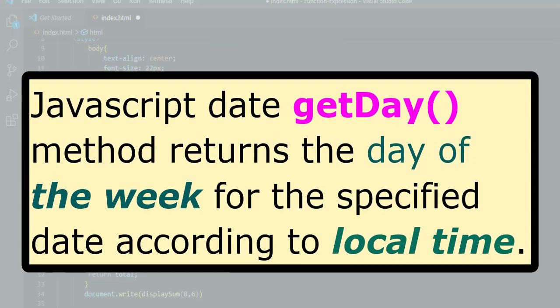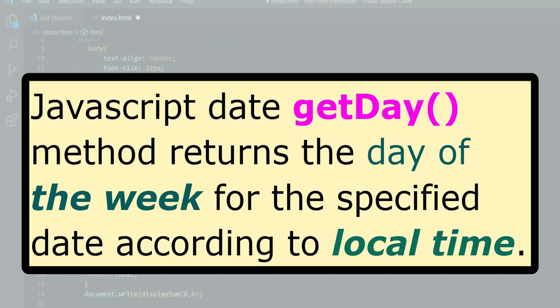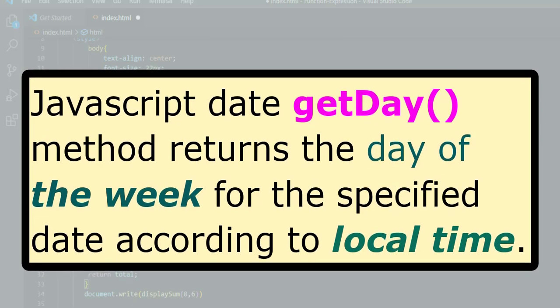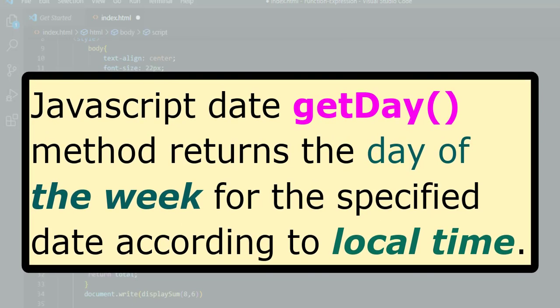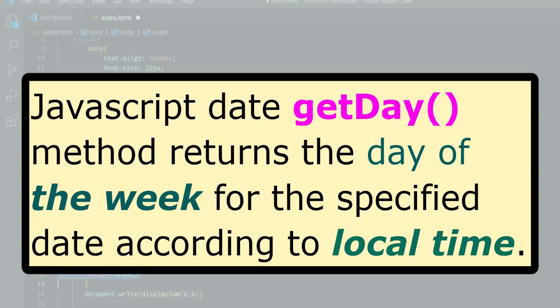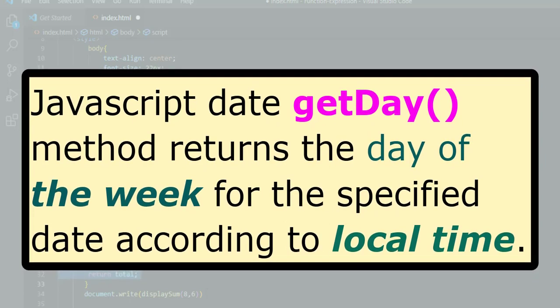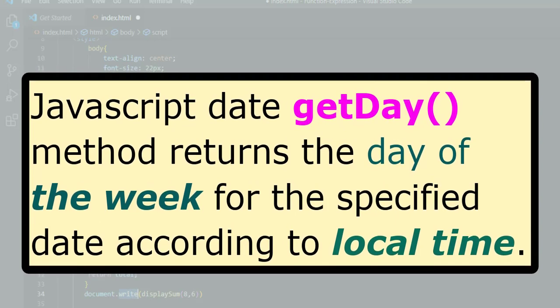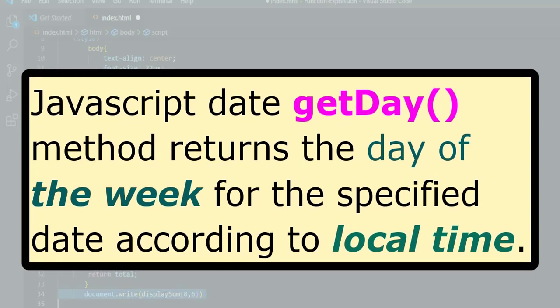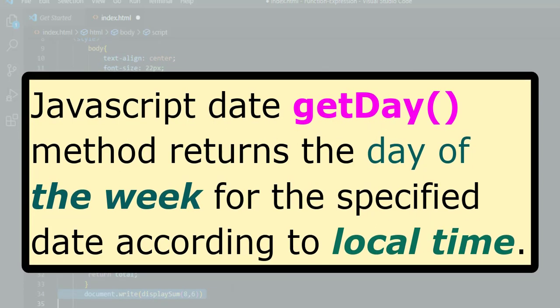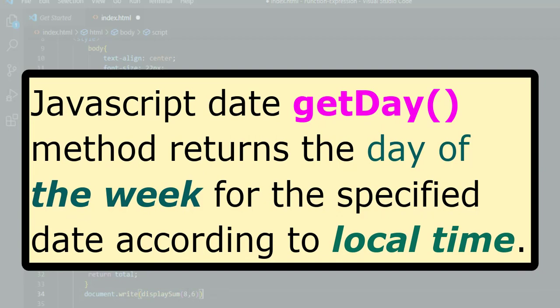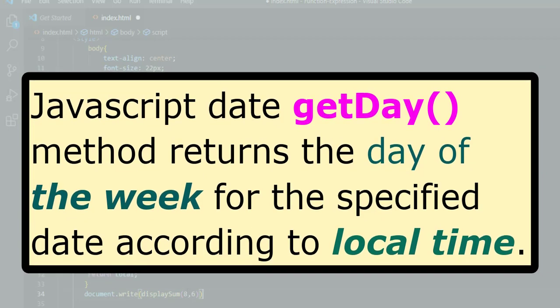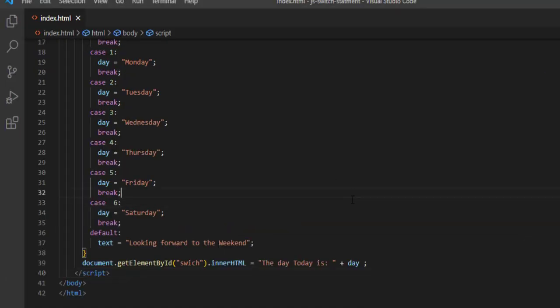The value returned by the getDay method is an integer that corresponds to the day of the week: 0 for Sunday, 1 for Monday, 2 for Tuesday, and so on. It returns the weekday as a number between 0 and 6. 6 is Saturday.